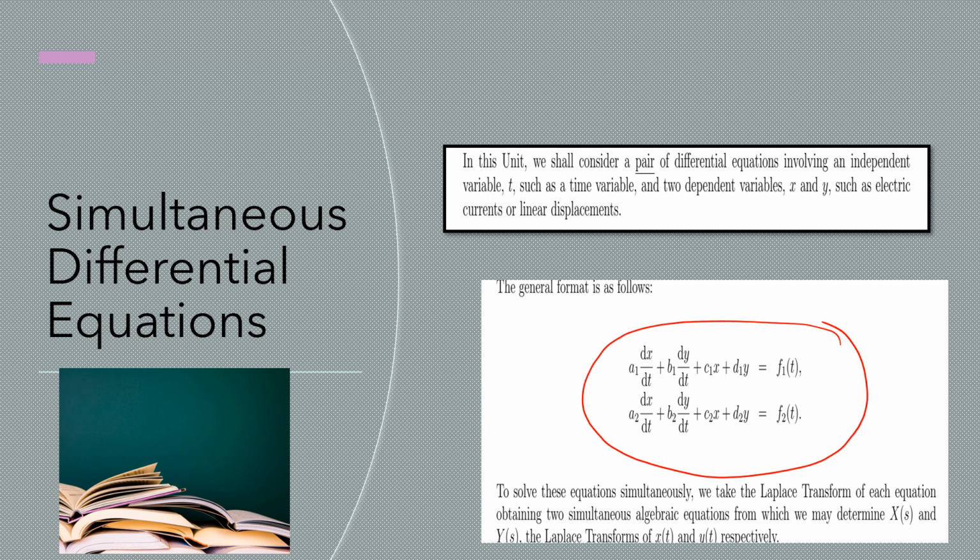The main reason why we use t is that it is the time variable, which we always use in electrical currents and linear displacements, etc. So let us try to solve equations of this form.